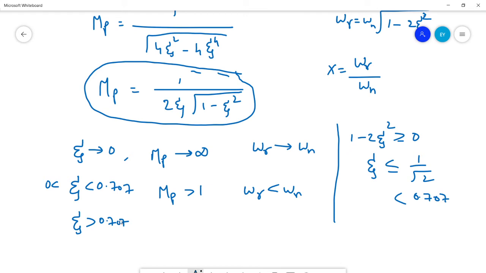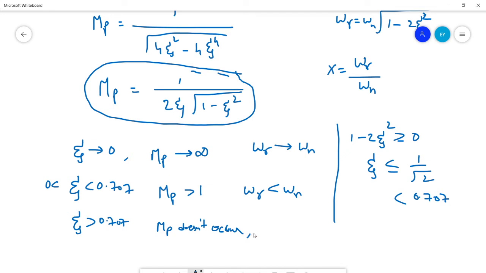Why we are considering 0.707 is that it is the factor at which the bandwidth tends towards the cutoff frequency, which was arrived from the resonant frequency. So here there is no resonant peak. If you consider any value after that, the resonant peak won't occur actually. Mp doesn't occur, and the maximum peak is 1.